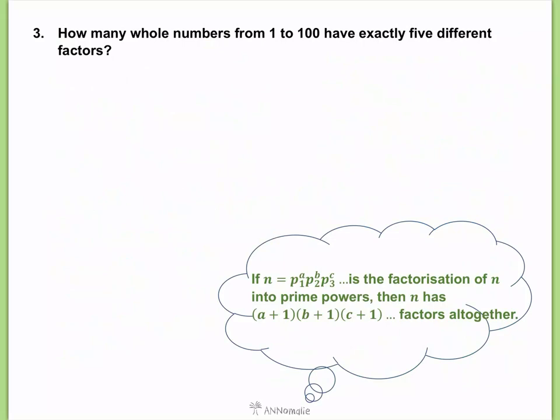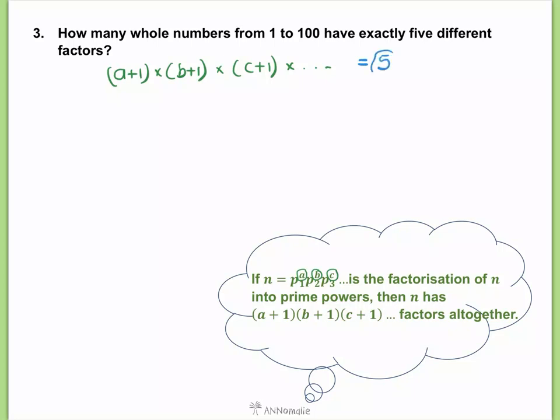Now, from what we've discussed before, we know that the number of factors can be expressed as (a plus 1) times (b plus 1) times (c plus 1), where a, b and c are the powers of the prime factors. Now, if a number has 5 different factors, it means that this product must equal 5.